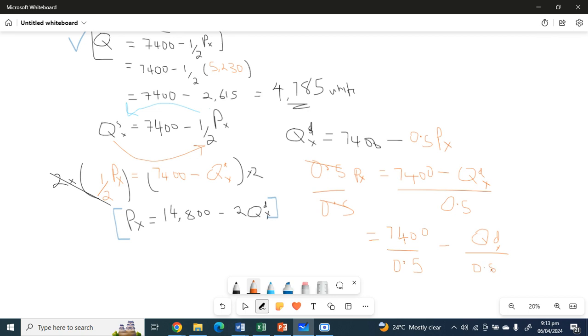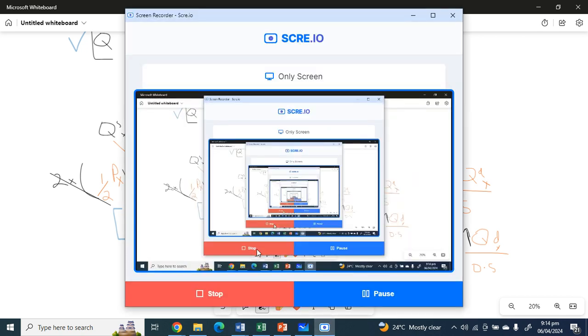Then 7,400 divided by 0.5 gives you 14,800. There's an invisible 1 here. 1 divided by 0.5, you get 2. So you eventually come back to this equation. So if you're not comfortable with fractions, colleagues, use decimals, okay?